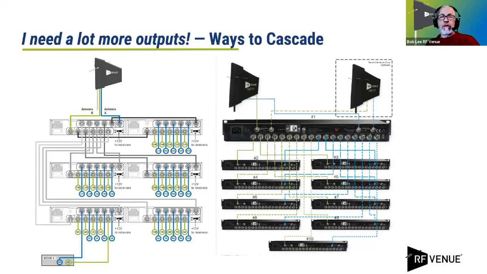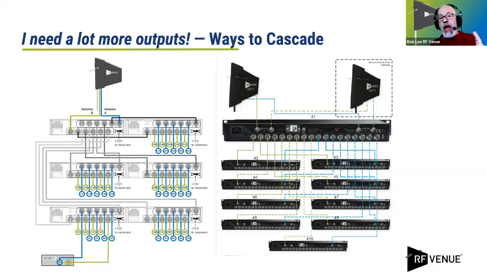On the right, we have a distro 9, a 9-way distro, feeding 9 more distro 9s for a total of 81 receiver feeds. That's a pretty big show. Now imagine if you had multi-channel receivers too, like dual receivers or quad receivers. You could really go crazy with this sort of arrangement.